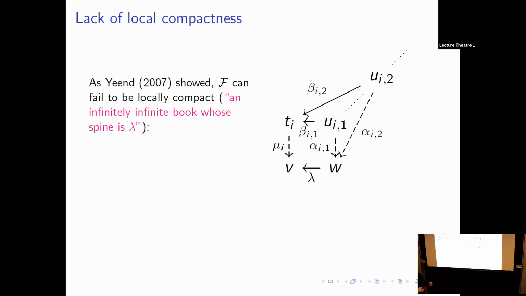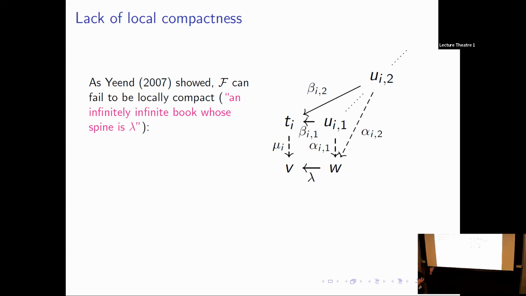So let's level up. Where's the infinitely infinite book? So take that infinite book that you just built and then make infinitely many copies of them and then stick them all together again at lambda, and lambda becomes the new spine. So this is your infinitely infinite book where you've got your lambda as the spine, and you can flick through to any particular mu i, and then there you can flick through infinitely to any particular mu i k as well.